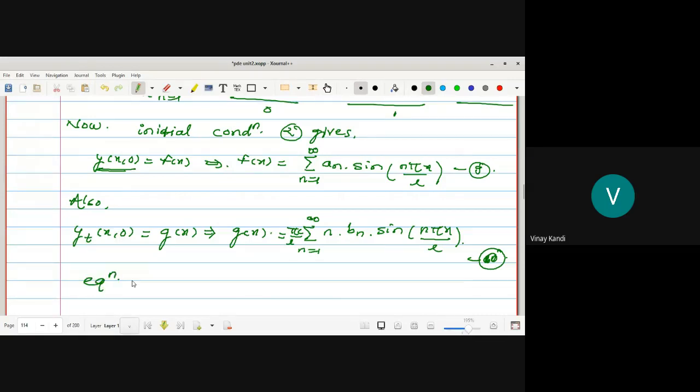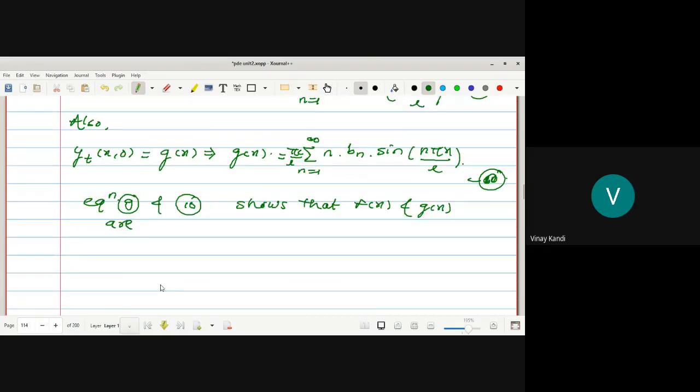Okay, now equation 9 and 10 shows that f(x) and g(x) are expanded in half range sine series.